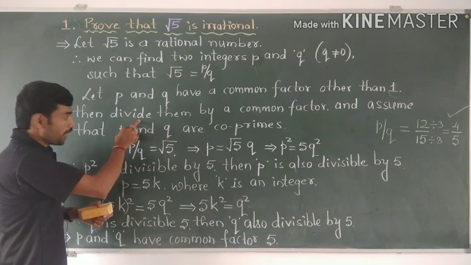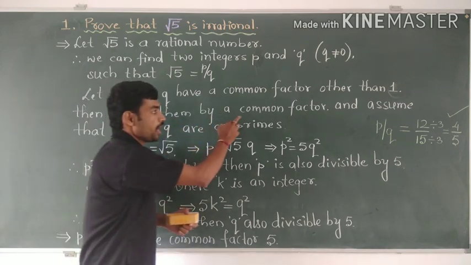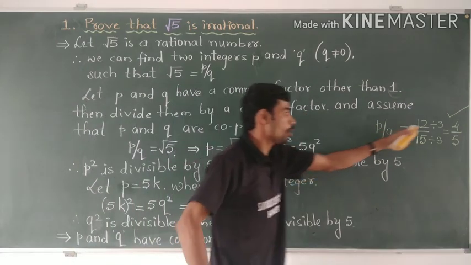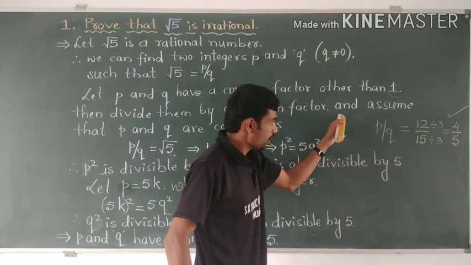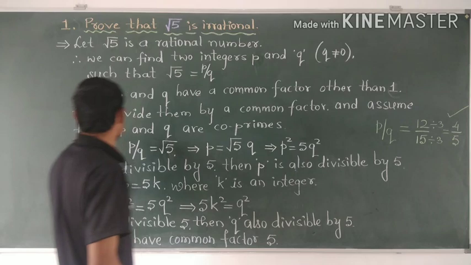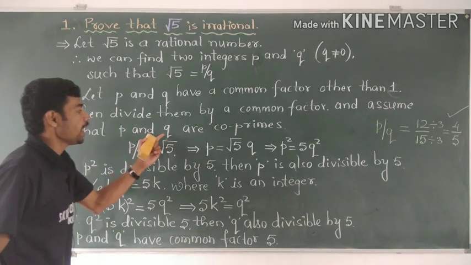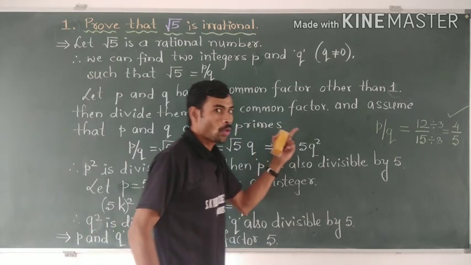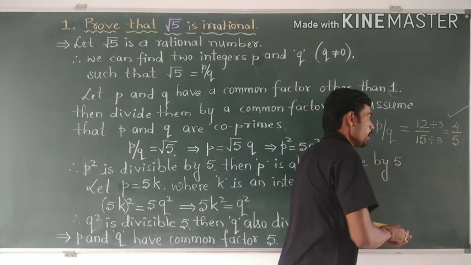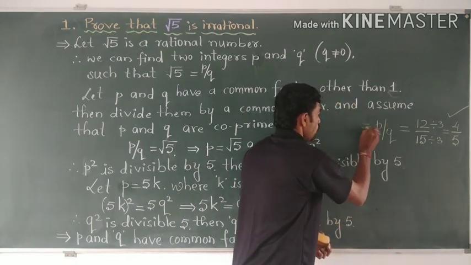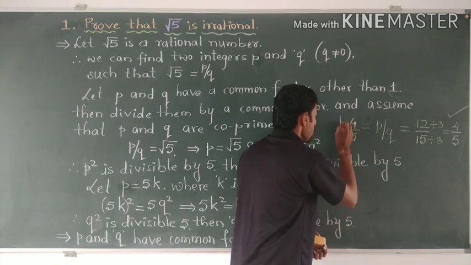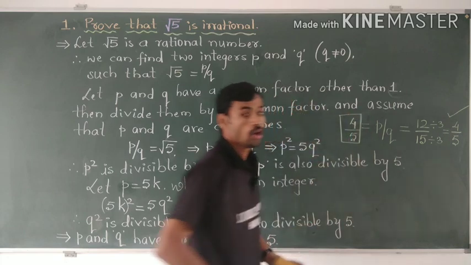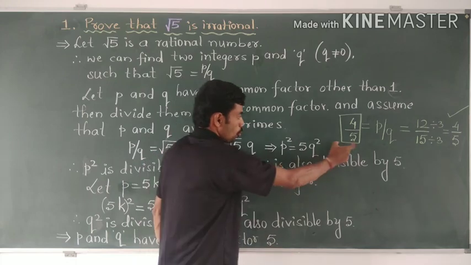Which is the common factor for both 12 and 15? 3. And assume that p and q are co-primes. So here p is 4 and q is 5. 4 and 5 are what type of numbers?